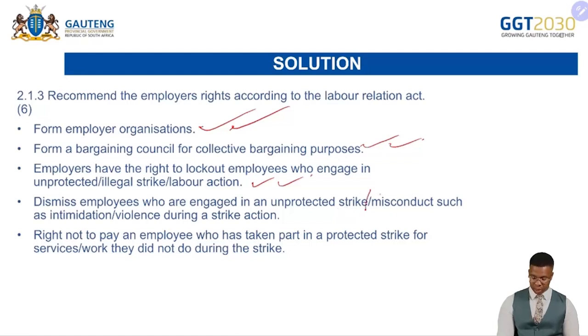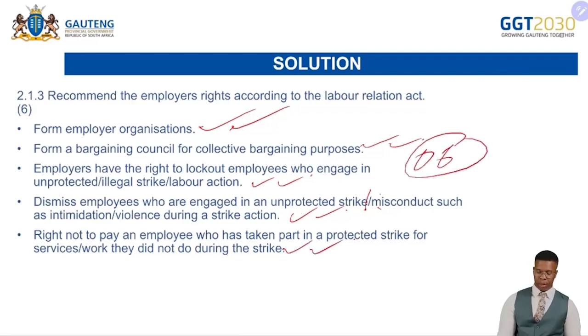You can end your sentence there, or you can structure the phrase as: or they can dismiss employees who engage in misconduct such as intimidation or violence during the strike action. That's two as well. And then you have a right not to pay an employee who has taken part in a protected strike for services or work they did not do during the strike. Then you get 6 months for that.